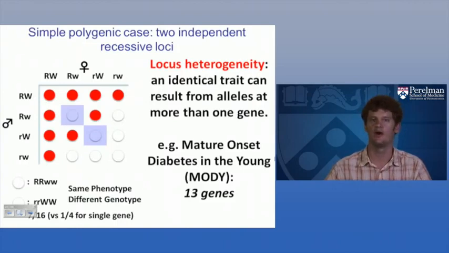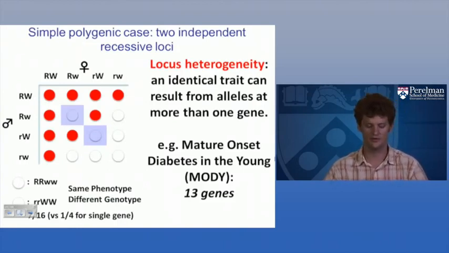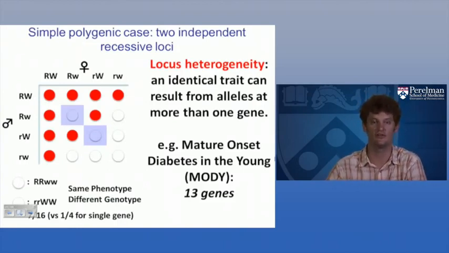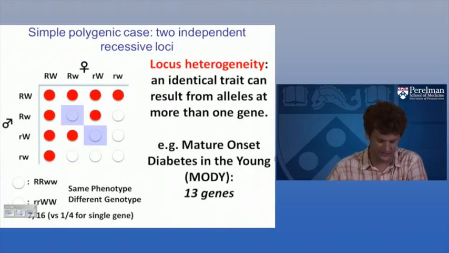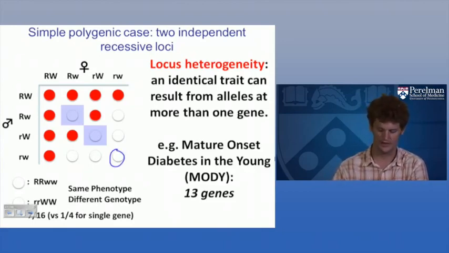Here is a fairly simple example where, instead of one gene, there are two genes, R and W, which are completely independent of each other. If you have two copies of little r or two copies of little w, you have this phenotype, denoted by the white circles.